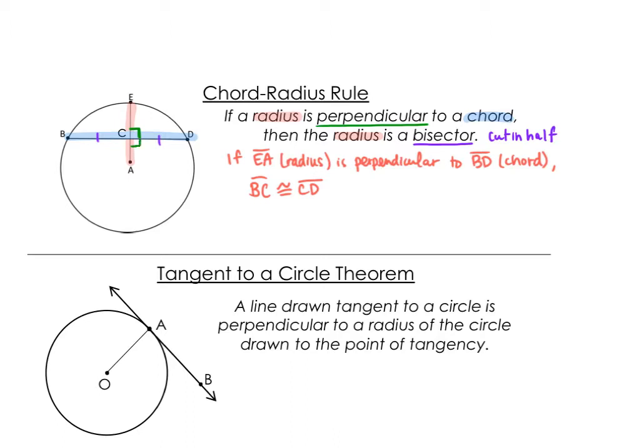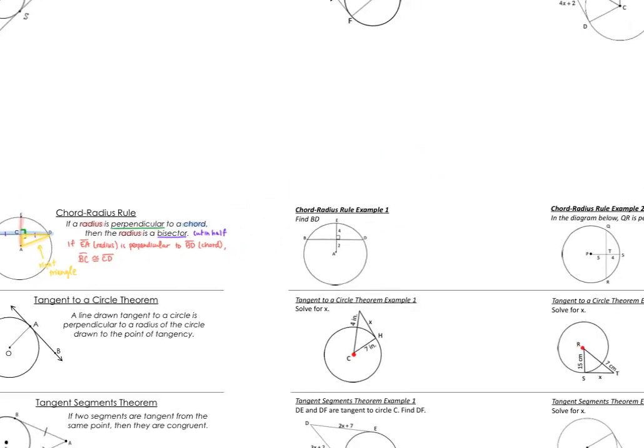So the right triangle we're looking at is this one right here. So let's look at an example problem to see how we might apply this.